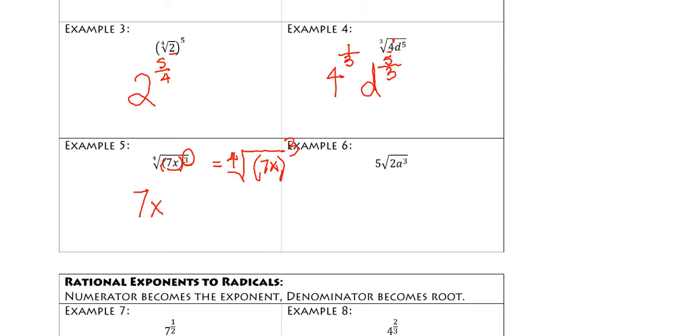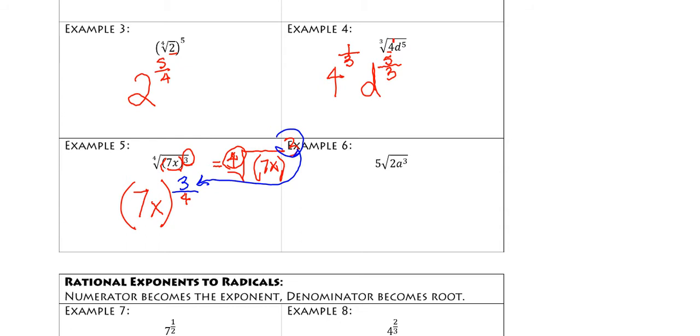Remember, that's the same thing. So this 3 will be the numerator of our exponent, and the 4 will be the denominator. And I forgot to put parentheses there. That's important. So the 7x, that whole thing is being raised to the 3/4 power.